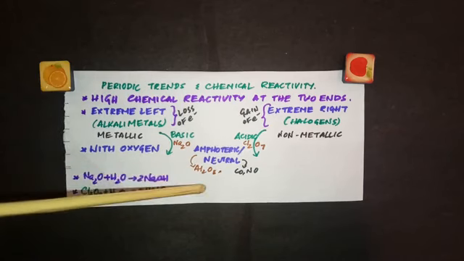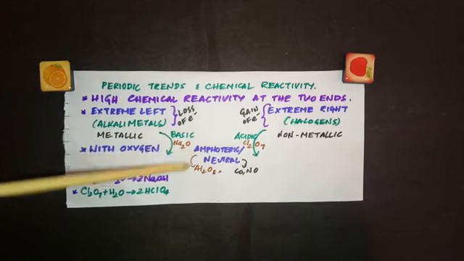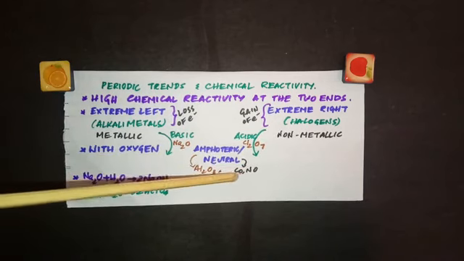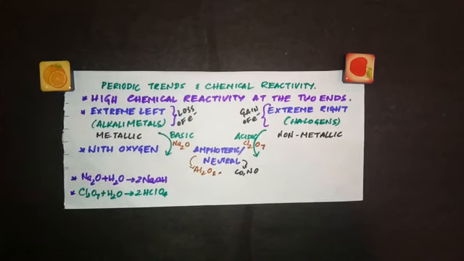Aluminium, when it reacts with oxygen, gives you Al2O3, which is an amphoteric oxide, and carbon and nitrogen, when they react with oxygen, give CO and NO, which are neutral oxides. What are amphoteric oxides? They show both properties, basic and acidic, and neutral oxides neither show acidic property nor basic property. So along a period, the metallic character decreases and non-metallic character increases.